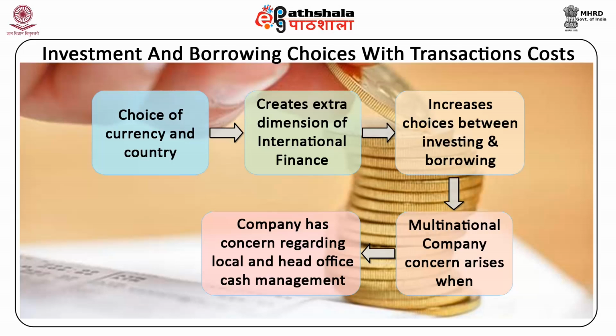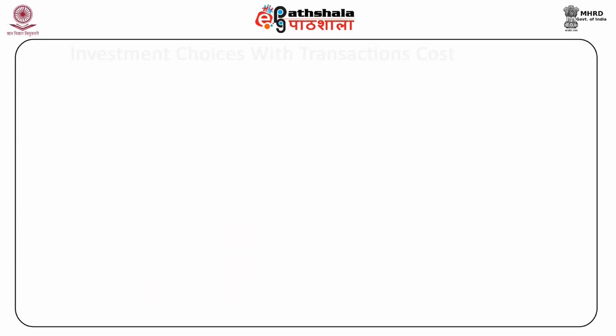In this part of the module, we will be discussing whether a company should invest or borrow in domestic versus foreign currency, and where any foreign exchange risk is hedged using foreign exchange contracts. Next, we will talk about investment choices with transaction costs.